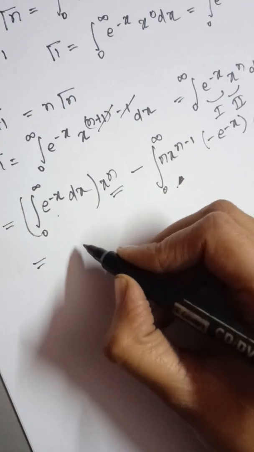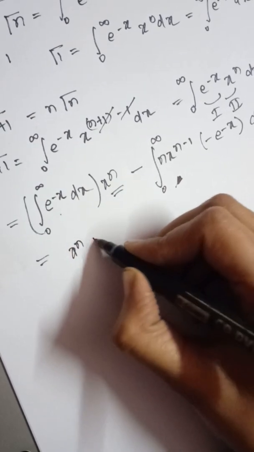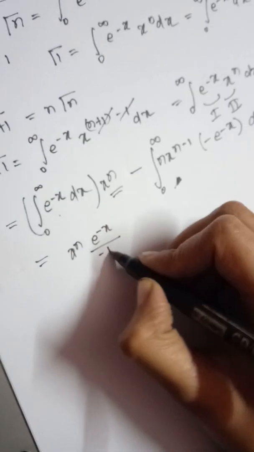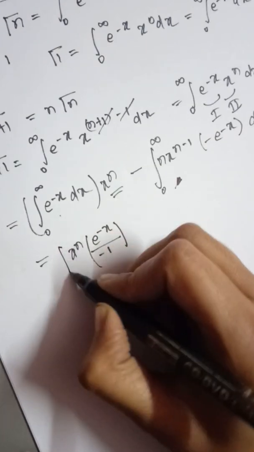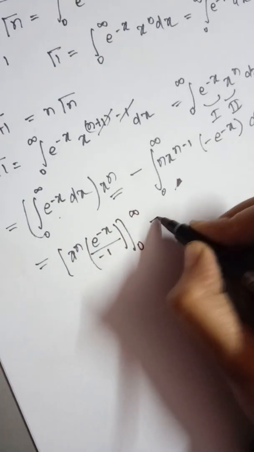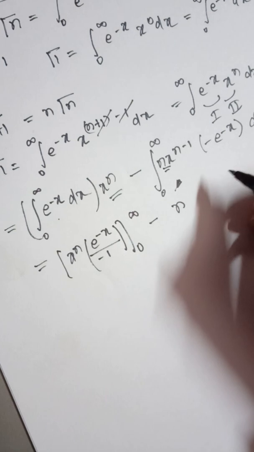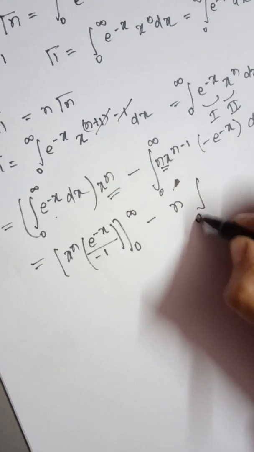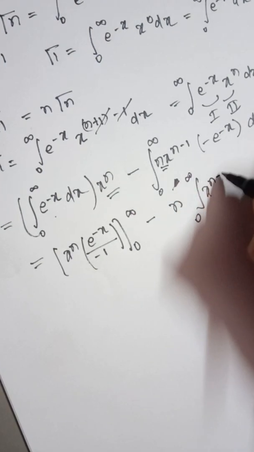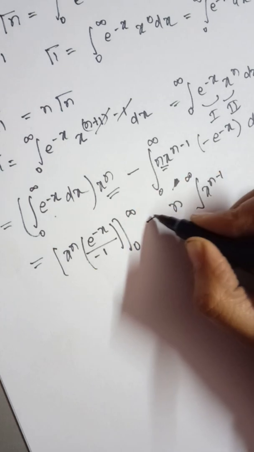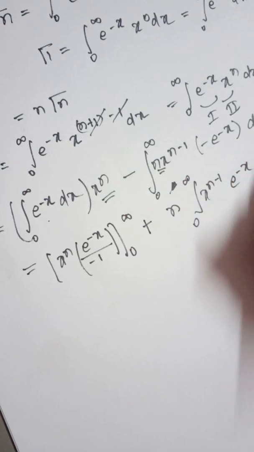Now x to the power n is outside, e to the power minus x with a minus sign, and we'll put the limits. n can be taken outside since it is a constant, the integral from 0 to infinity of x to the power n minus 1, and this minus becomes plus, e to the power minus x.